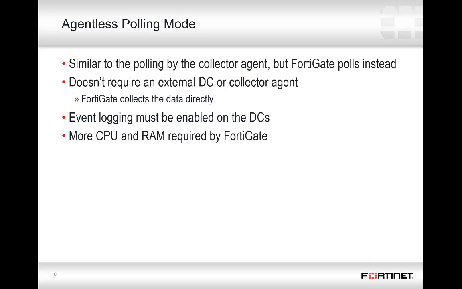FortiGate will poll the DCs directly instead of receiving login information indirectly from a collector agent. Because FortiGate collects all of the data by itself, remember the DCs never initiate contact with a FortiGate to send login information. This method requires significantly greater system resources on your FortiGate, and it doesn't scale as easily.